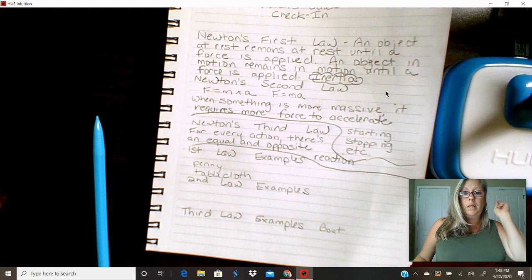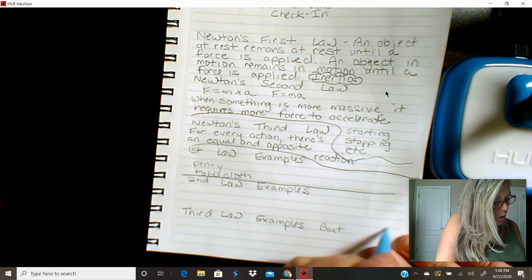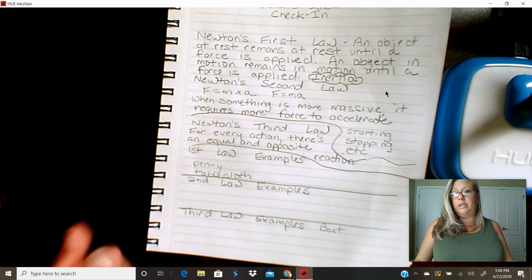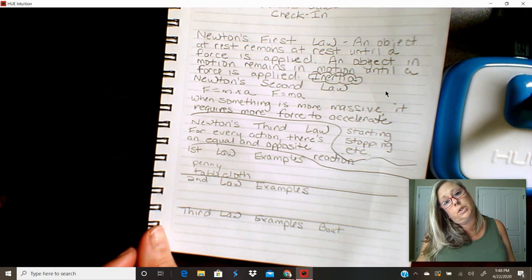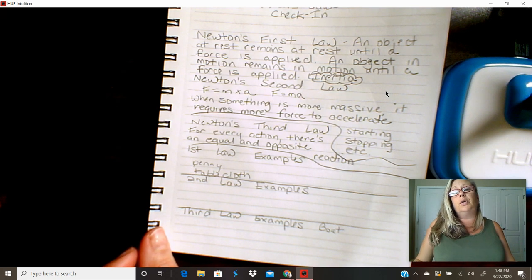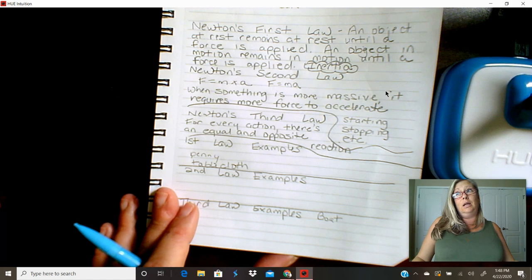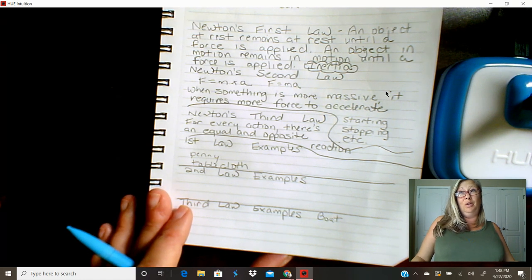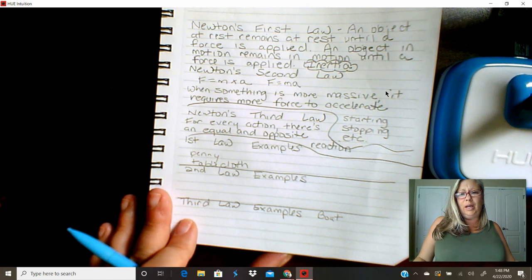All right, Newton's second law examples. These kinds of examples are all about when you have something that's more massive or less massive, that you have to apply more or less force to start it or stop it. So, for instance, if you were outside playing and you couldn't find any ball but a bowling ball, you would greatly have to adjust your soccer game in order to play soccer with a bowling ball.